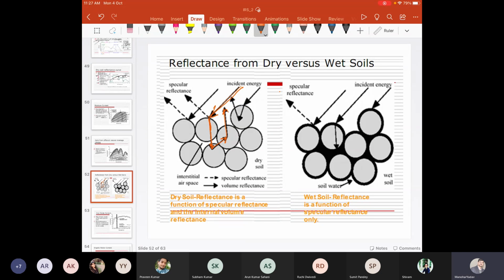So it can constitute part of the reflected energy over here. And obviously, it's specular reflectance.